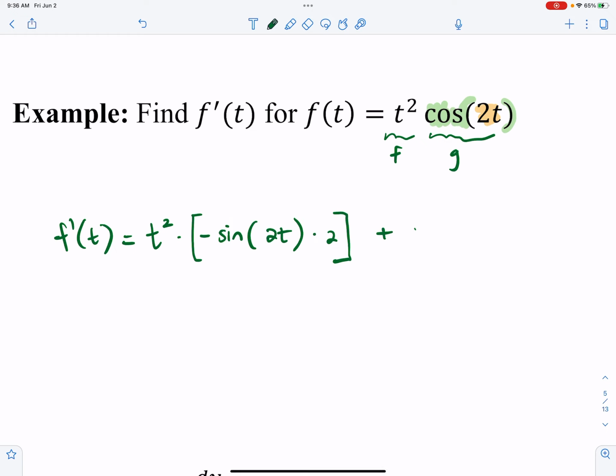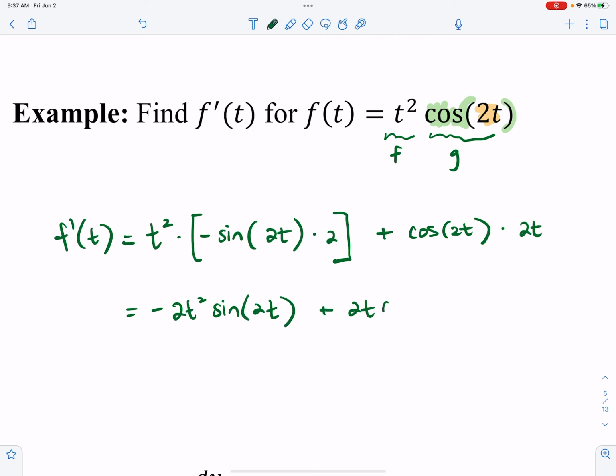And then plus second factor, now I'm thinking about finishing product rule, times the derivative of the first. And then this can just get cleaned up a little bit. So minus 2t squared, sine of 2t, plus 2t times cosine of 2t.